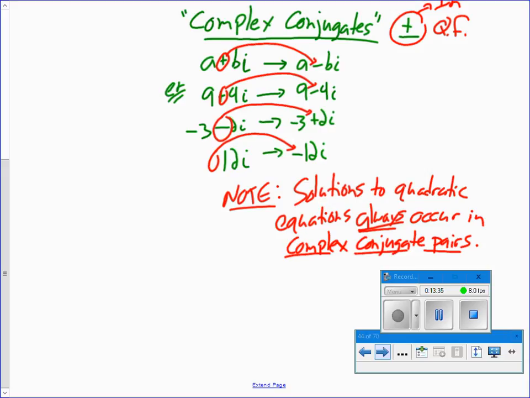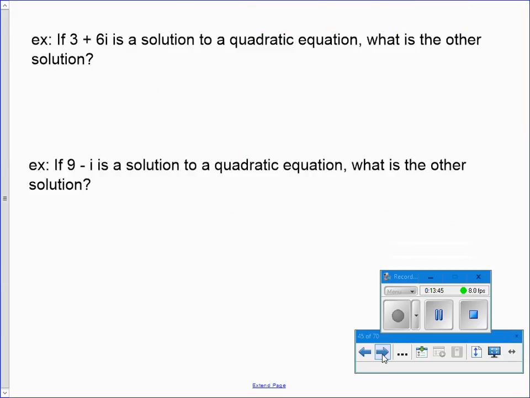So I'll take you through a couple examples of what this means. It sounds very confusing, but what it means is actually something pretty easy.